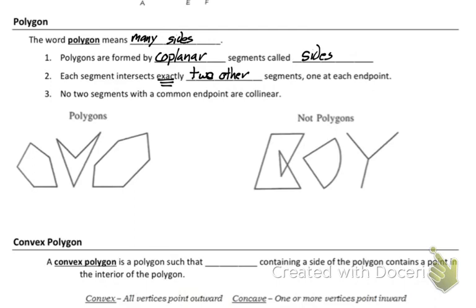So these are all examples of polygons. These are all examples of not polygons. These are all non-polygons. And let's go through why they're not. The very first one. In a polygon, you can't have this little overlap section.